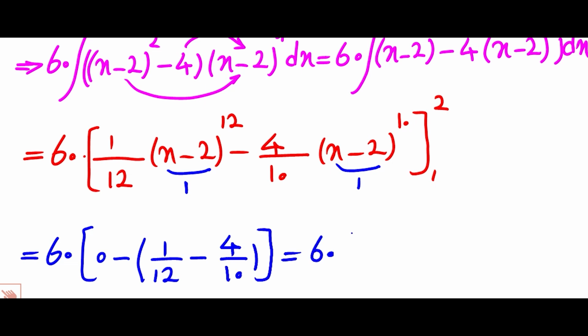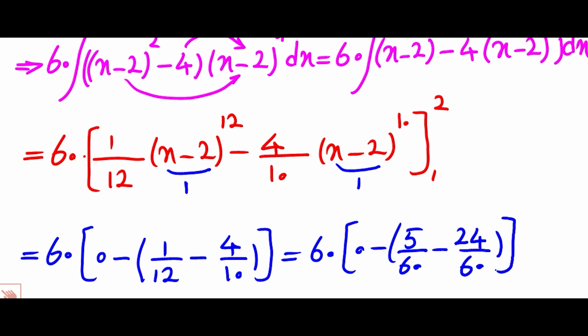So we have 60 times 0 minus, if we take a common denominator, 1 over 12 is 5 over 60 minus 4 over 10 equals 24 over 60, right?